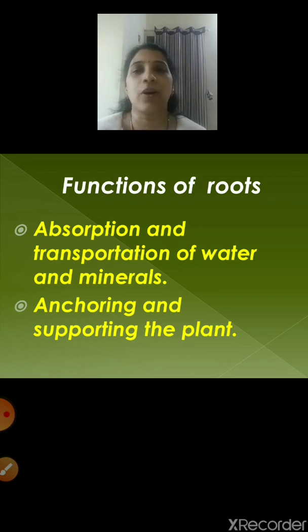The roots perform some additional functions, and for performing these additional functions they undergo some modifications, such as modified roots. Examples of these modified roots are stilt roots, runners, breathing roots, aerial roots, etc.